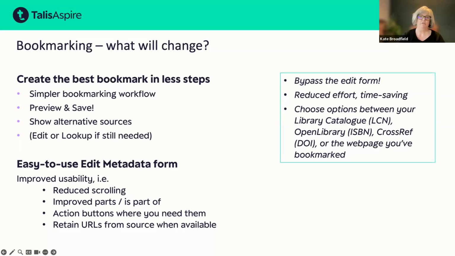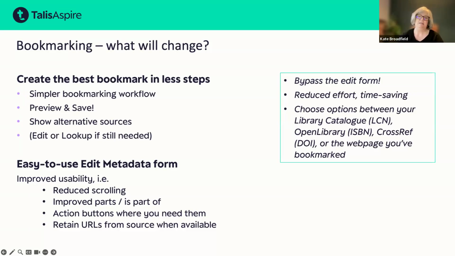So we're going to simplify the workflow, provide alternative sources, and of course you still have edit and lookup if it's really needed. Now we did hear the feedback that some of you do instruct your academics to please just bookmark very quickly and send it on, and then you work on it through a review and improve the metadata. So we're going to make that easier for you.